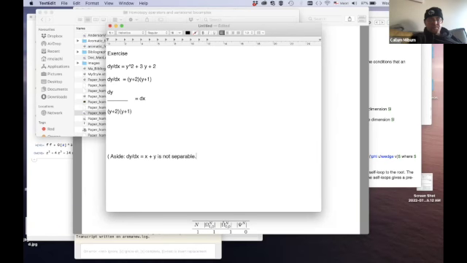It's true that you could go dy dx minus y equals x, but you haven't actually separated it because you've still got x's and y's together on the left-hand side. So it's not always obvious just by looking at it, or by doing a little bit of algebra, whether or not it is separable.